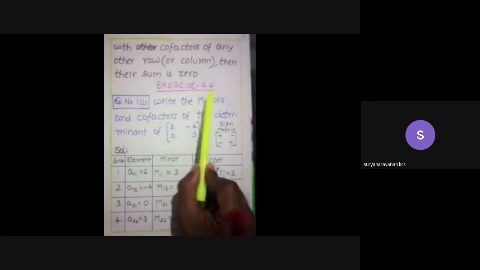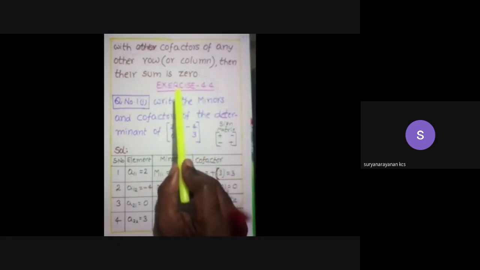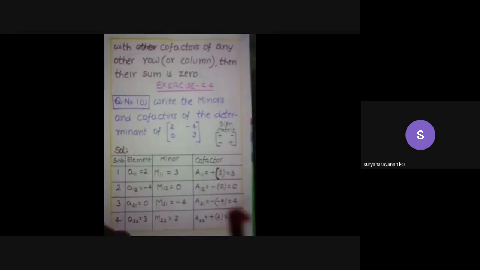Now come to the sums in exercise 4.4. This entire exercise is based on the two concepts only, minor and cofactor of an element. Now come to the first question. Write the minor and cofactors of the determinant of 2, minus 4, 0, 3.